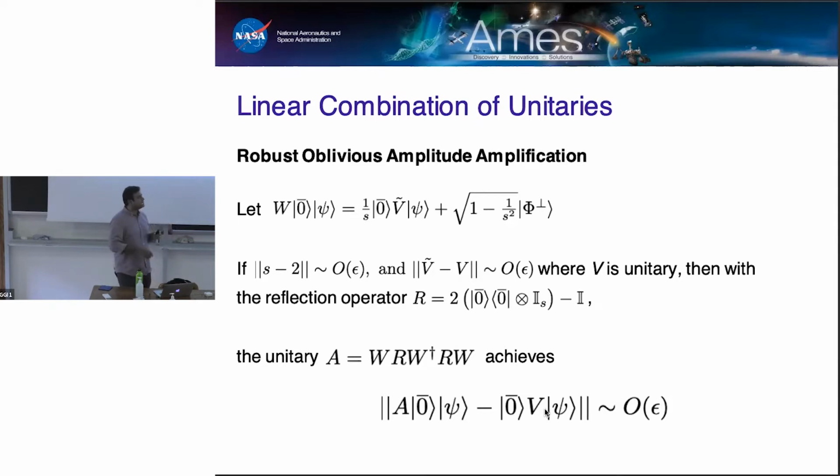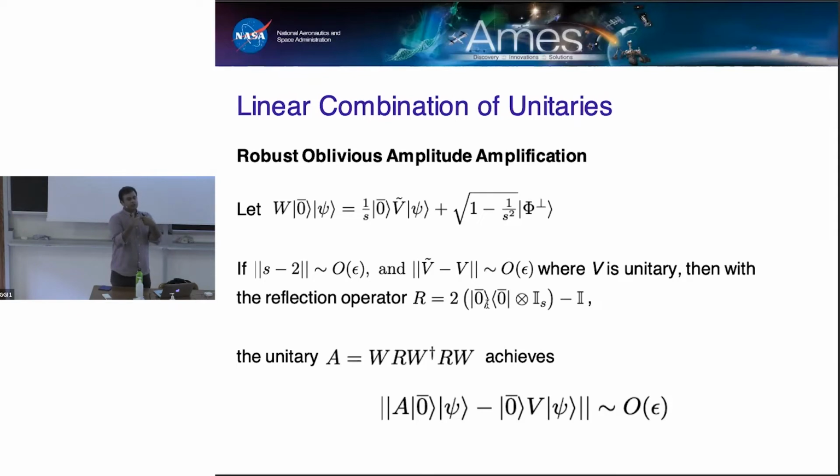Oh, reflection basically, well, okay. Let's look at what this does, right? So the question was, what is a reflection operator? Reflections are typically something like 2 times a projector minus the identity. So let's think about the projector being just on some bit string.